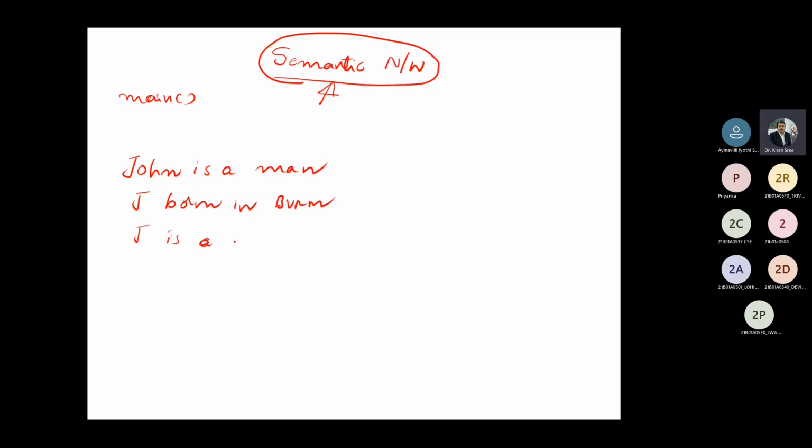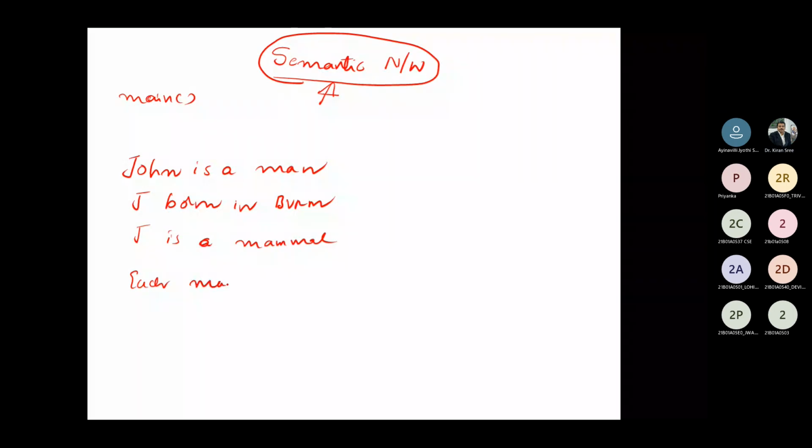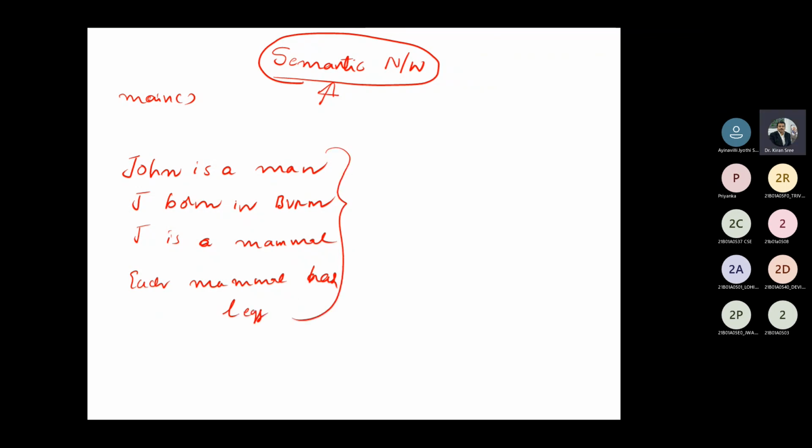John is a mammal, and each mammal has legs or something. I have written some set of connected statements like this.